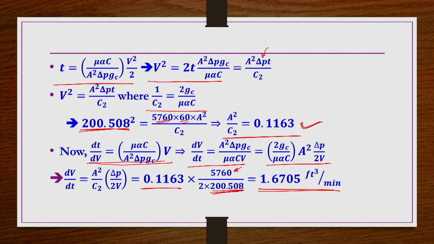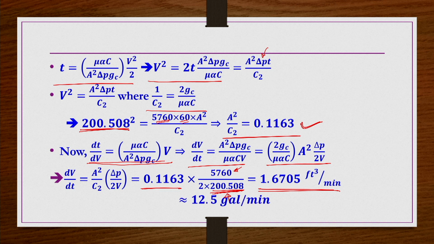This is again for the filtration, because we have used volume of filtrate collected here. So, whatever the volumetric flow rate of filtrate is there, that is 1.6705 feet cube per minute.